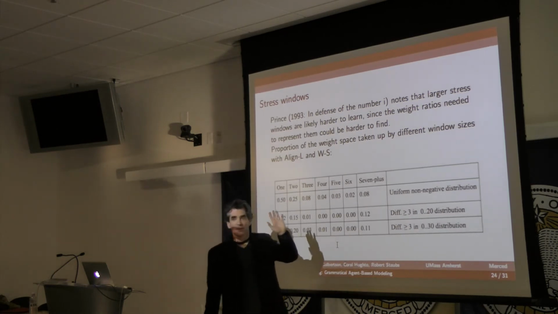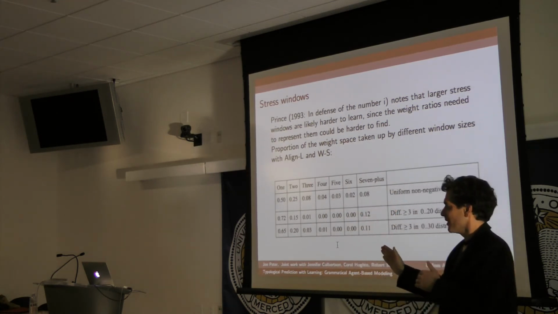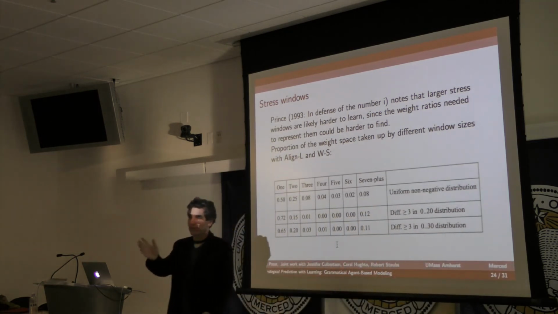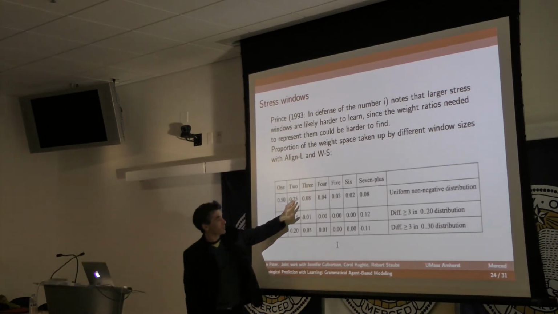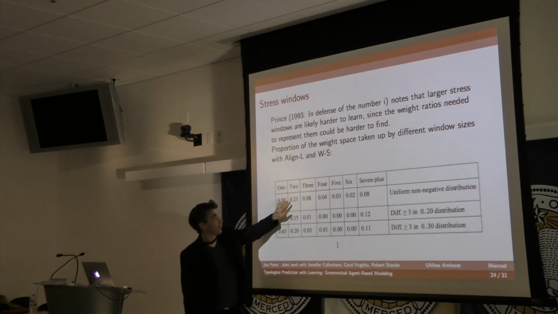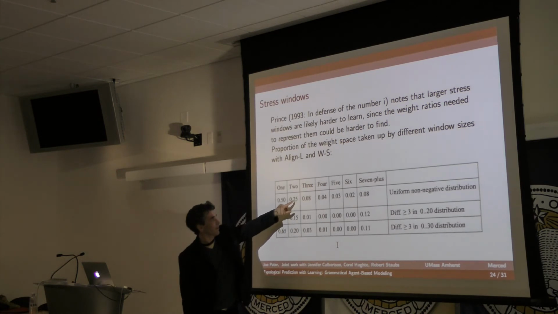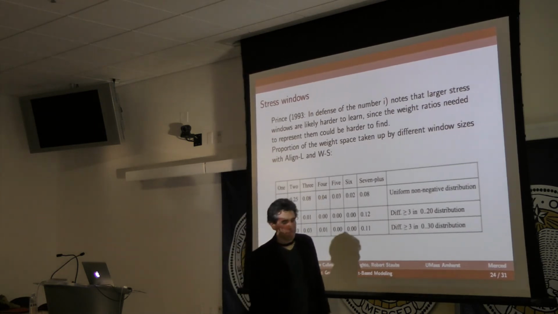One-syllable windows, that is, stress is always on the right-hand side, have half of the weight space, because those are all the cases where that constraint has greater weight than the other one. And then all of the other language types are cases where weight-to-stress has sufficient weight that it can overcome this constraint. But then these other cases are ones where two violations of this one are greater, three violations, four violations, and so on.